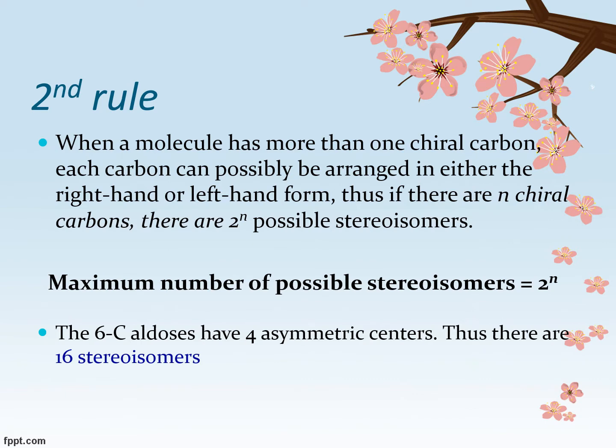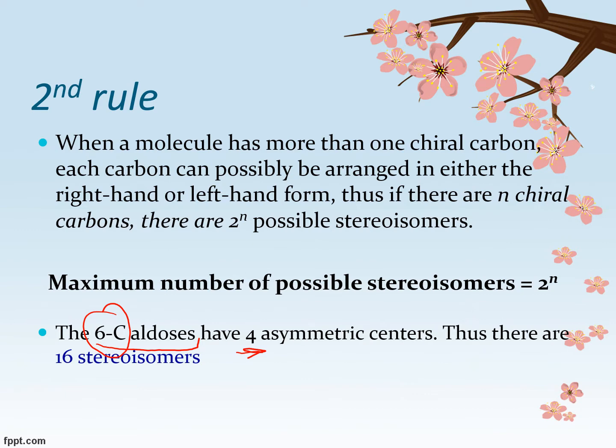For example, the C6 aldose, which means it has 6 carbons, will have 4 asymmetric centers. Remember, the center carbon is chirocarbon, not the end carbon. So it means carbon 2, 3, 4, and 5, not carbon 1 and 6.